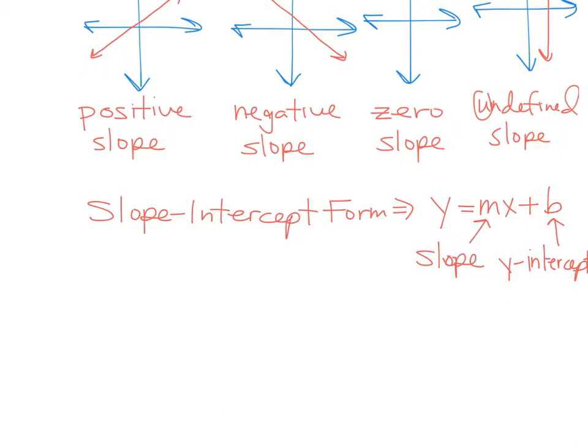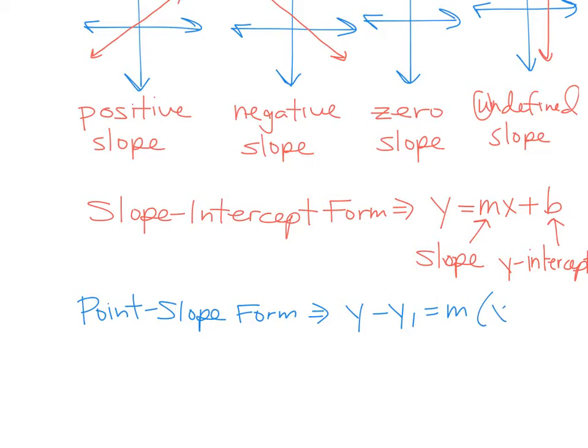But then there's also point slope form. And this one you'll have a point and a slope, conveniently named. This one is y minus y1 equals m times x minus x1. Okay, so point slope and slope intercept.